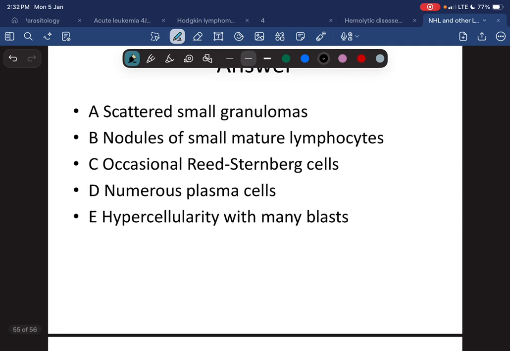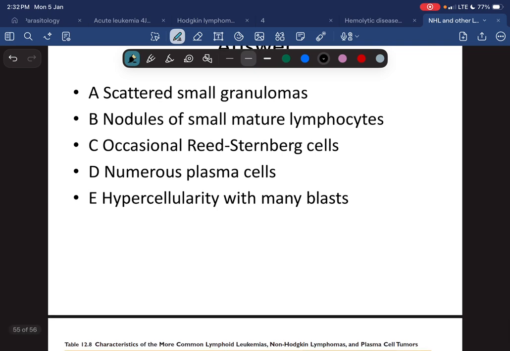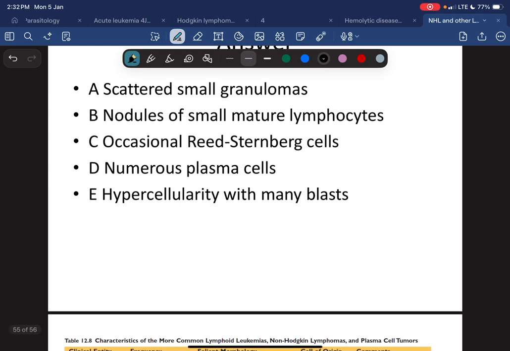RS cells, Hodgkin lymphoma, no. Numerous plasma cells with lytic lesions, that is plasma cell myeloma or multiple myeloma, exactly. Or hypercellularity with blasts, that is acute lymphoblastic lymphoma, no. So the answer is numerous plasma cells representing multiple myeloma.